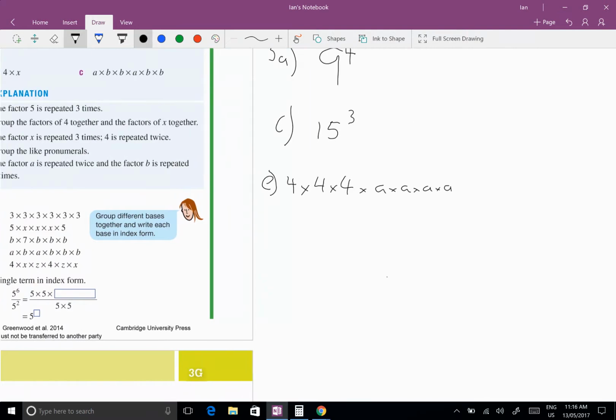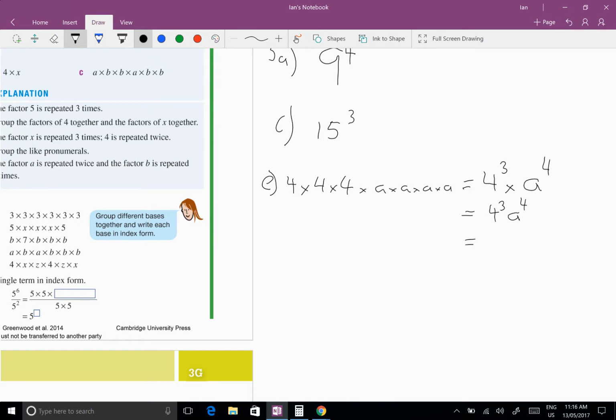Now, 4 times 4 times 4, well, that's 4 to the power of 3, or 4 cubed. And a times itself 4 times is a to the power of 4. But I don't need that multiplication sign in there, so I can just write 4 cubed, a to the 4.